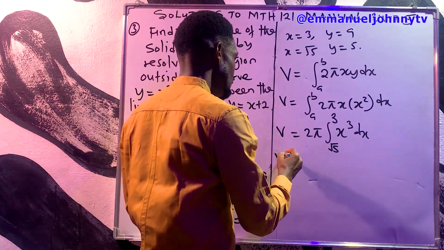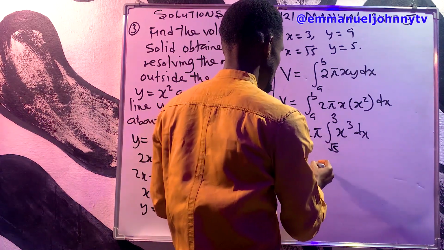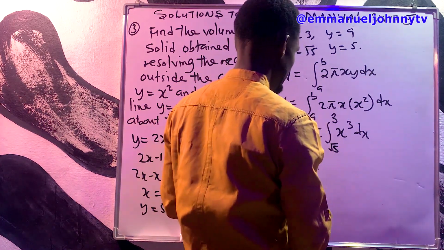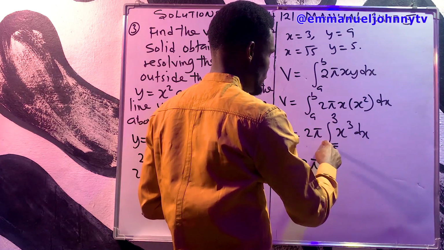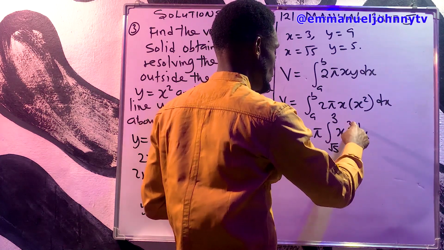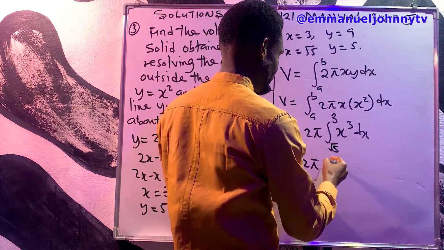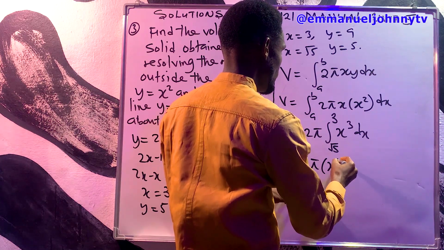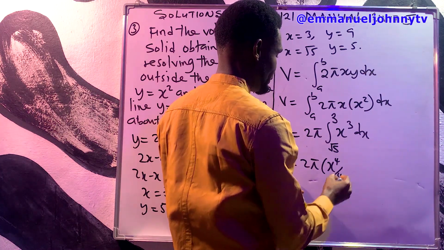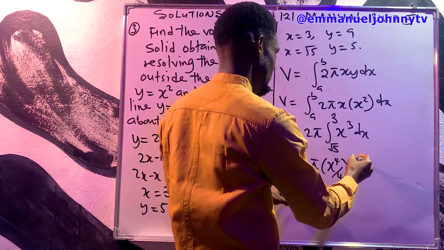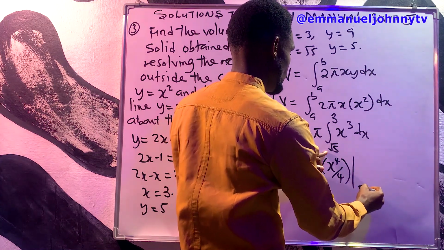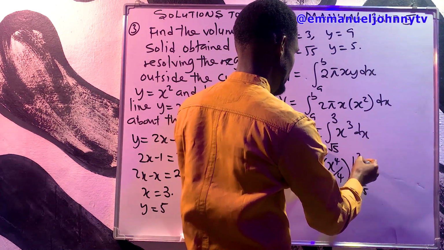So it therefore means that the volume V equals 2 pi, integral of x cubed is x raised to the power of 4 all over 4. Then you put root 5 and 3.